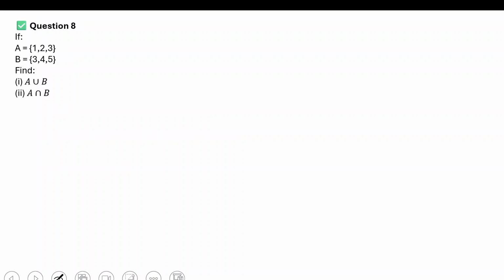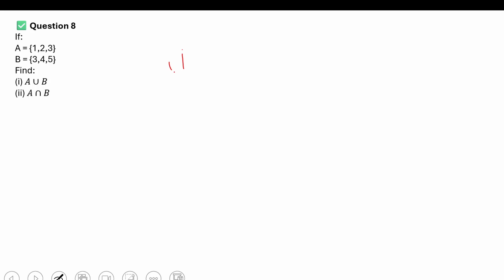So question 8 says if A is defined as elements 1, 2, 3, and B is elements 3, 4, 5, find A union B. A union B is the summation of the two sets without repeating any element.